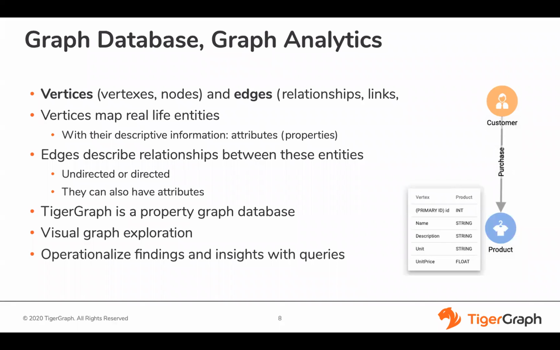Vertices are somewhat similar to database tables or data frames in programming languages and data processing frameworks, in that a vertex, just like a row in a database table or data frame, contains information about a real-life entity like people, companies, products, or about more abstract concepts. But instead of columns, vertices have attributes or properties that could be of simple or complex data types.